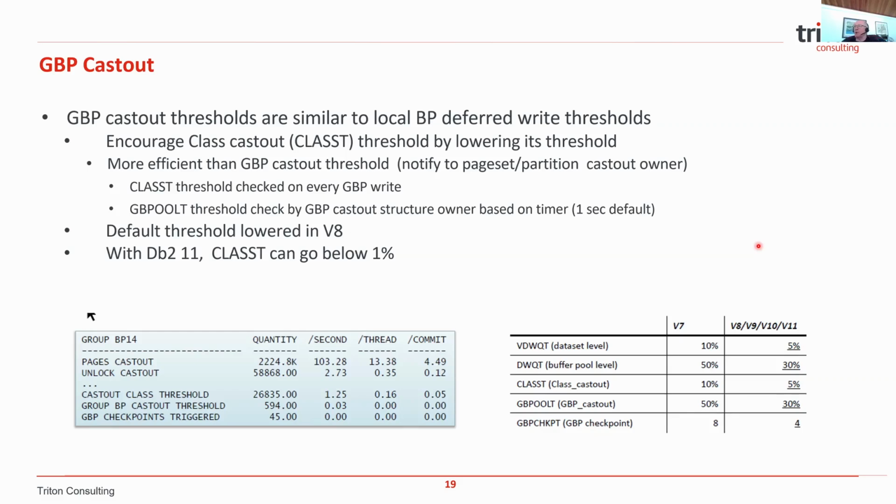So it's the most efficient way of triggering cast out. GBPOOLT is the horizontal threshold, and that's checked frequently based on a timer, a 1 second timer interval. So these are the thresholds, both CLASST and GBPOOLT. By reducing those thresholds down, that will trigger more frequent cast out.